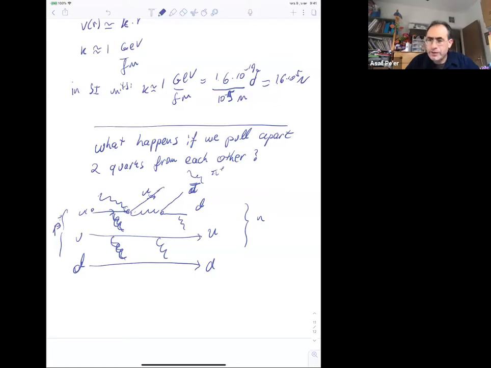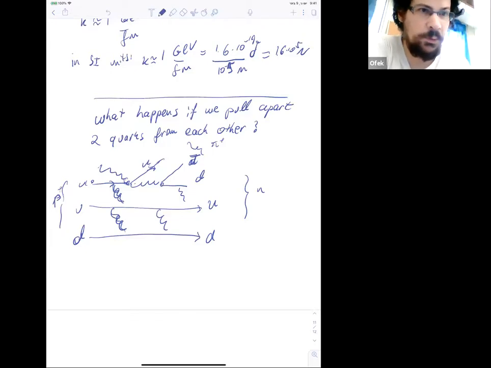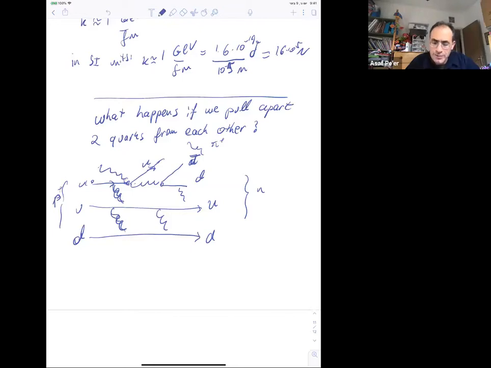Of course, what would happen if we get to higher and higher energies? What will happen? Question for you guys. Produce more particles? Of course, you would produce more particles. You produce more and more pairs of quark antiquark.